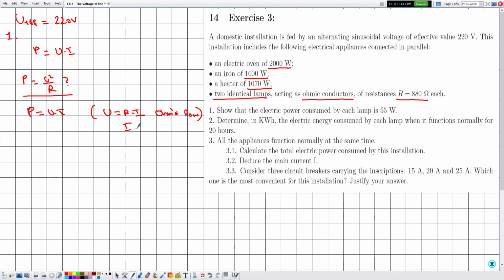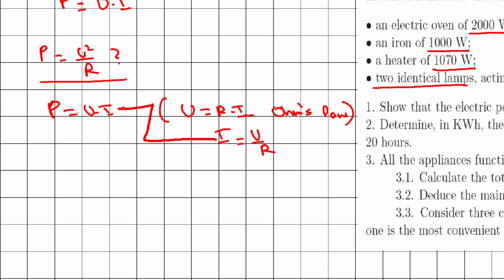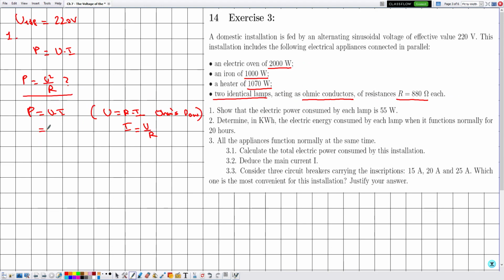So I is given by U divided by R. Now replacing this here, we have that P is equal to U multiplied by U divided by R, which is equal to U over 1 multiplied by U divided by R, which is equal to U squared divided by R. So the power is given by U squared divided by R.